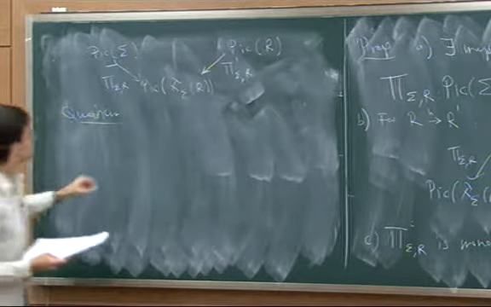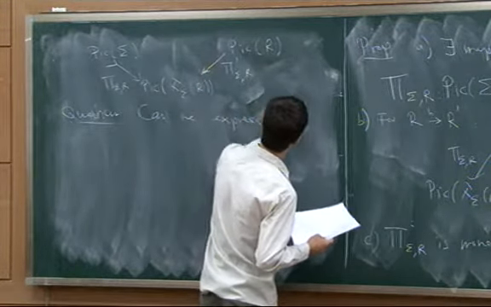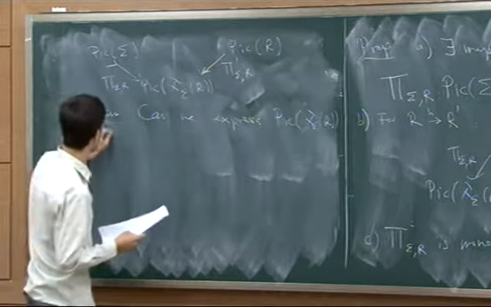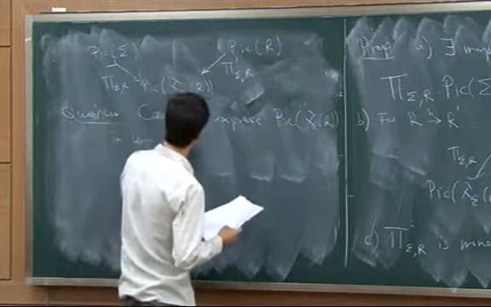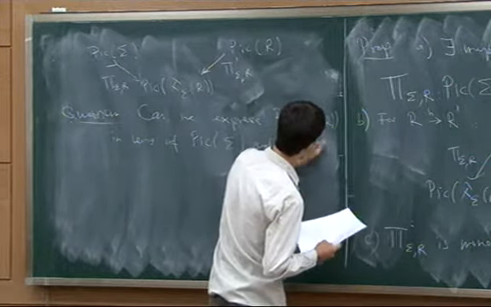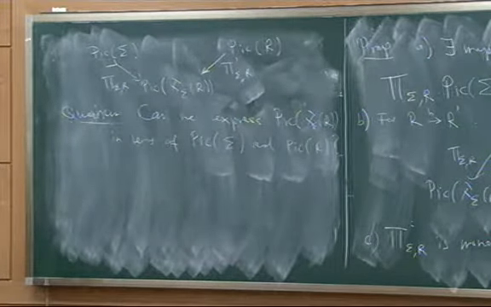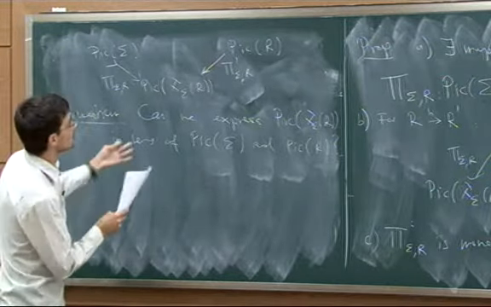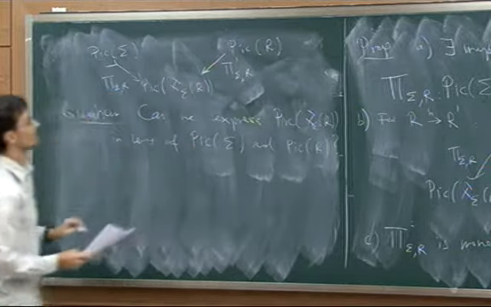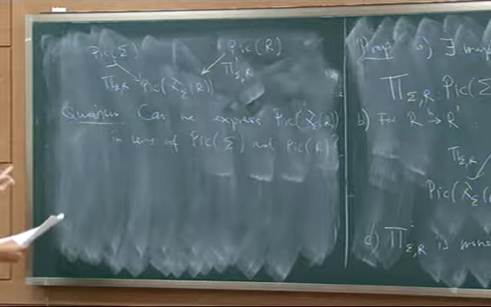The question is, can we express the Picard group of the toric scheme in terms of the Picard group of the fan and the Picard group of the ring? I conjecture this is, at least in a nice way, only possible over nice rings. But as I said, I do not have a good answer to this.